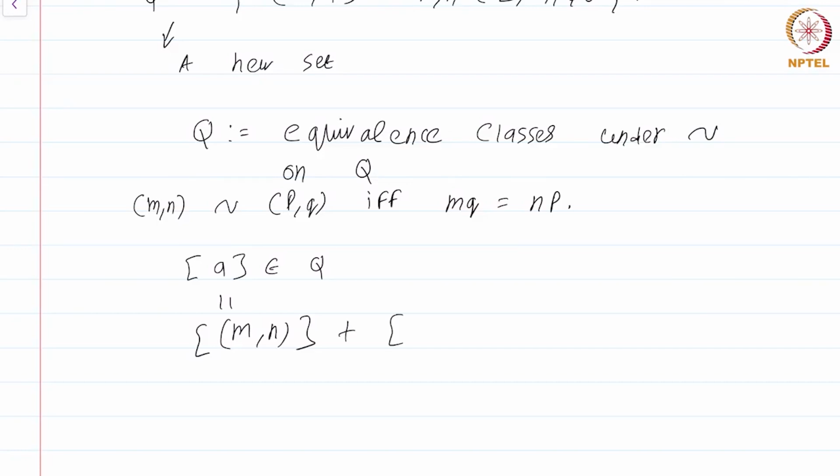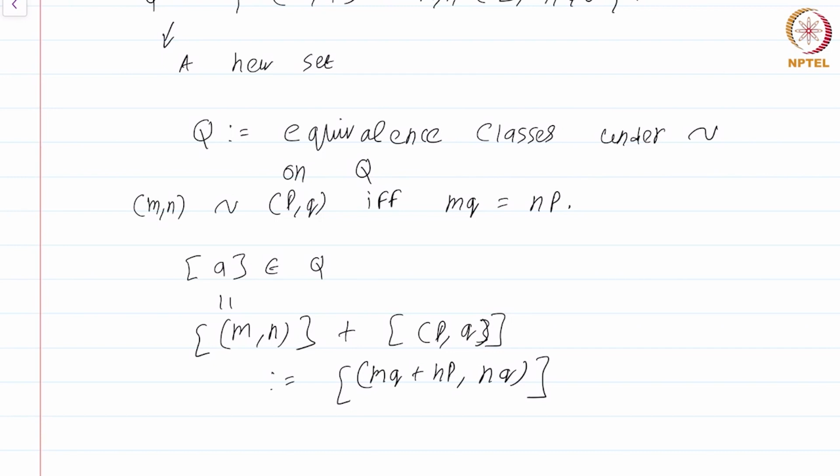What I do is if I take two such equivalence classes, I am going to define what addition is. The addition is just defined to be equal to (mq + np, nq), the ordered pair given like this.